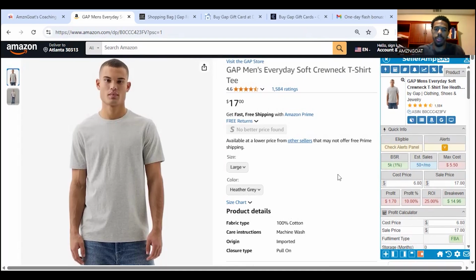So we know that there's going to be more returns in the clothing category than some other categories. So these are not good numbers for the clothing category. We have to get this product cost down even more to make it worth selling.